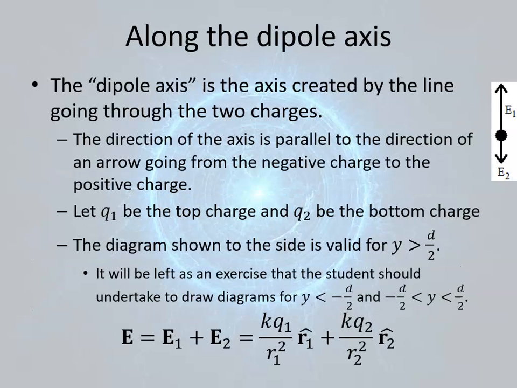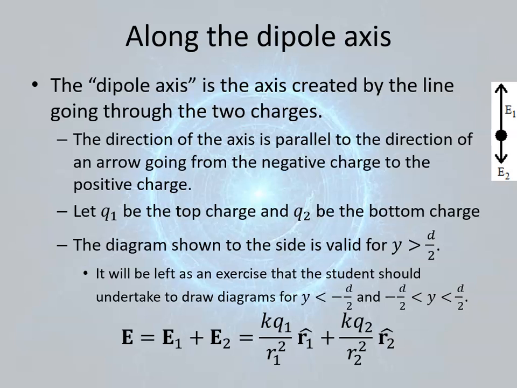So, first of all, let's consider the electric field along the dipole axis, so to speak. And when we say along the dipole axis, we're talking about the axis that goes from the negative charge to the positive charge. As we explored in a previous homework problem, the electric dipole vector goes from the negative charge to the positive charge.